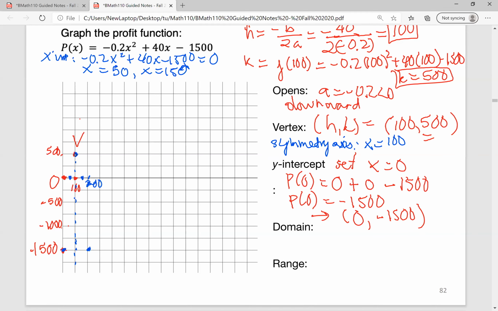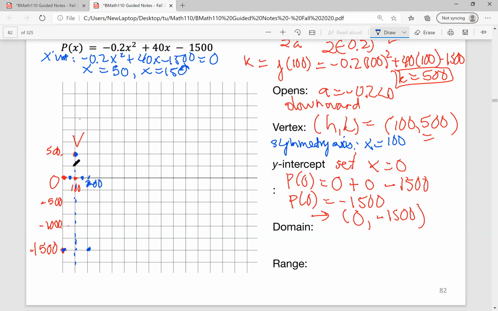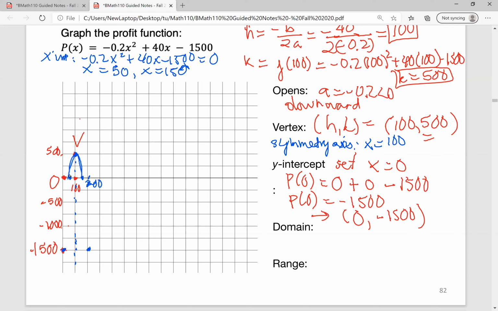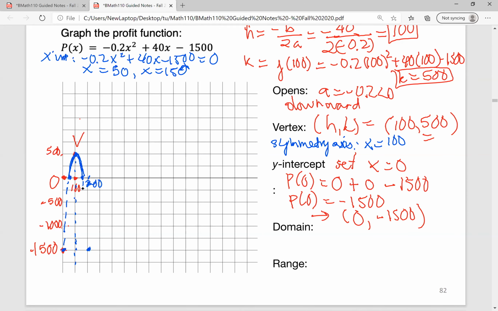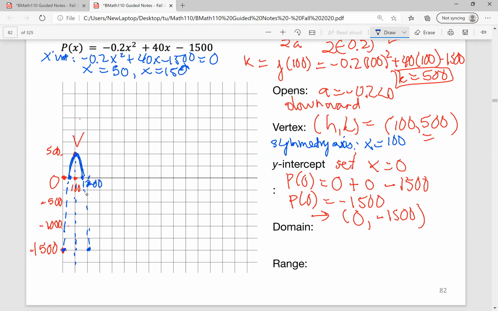So I will have a graph like this. Not very nice. So you can see that I may draw some dotted line down here to indicate that. If I include the negative values, then the parabola will look like that.